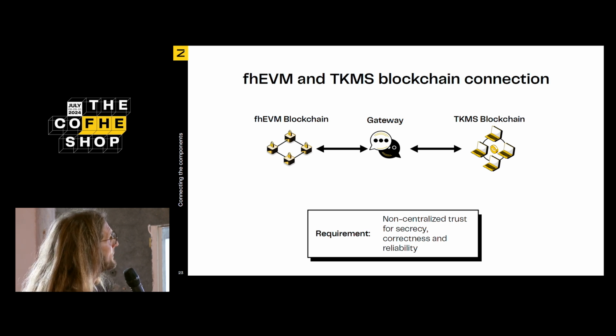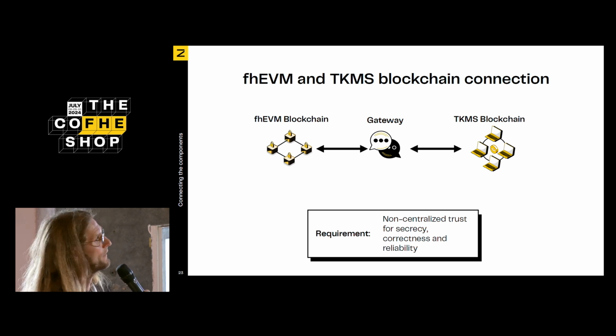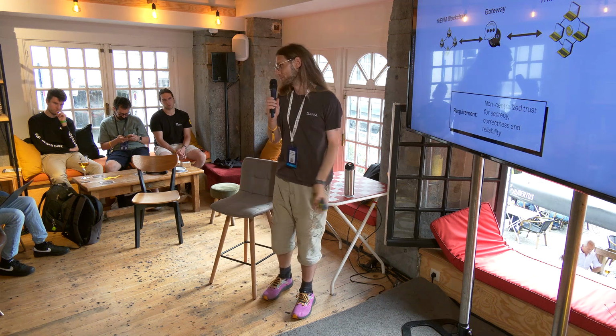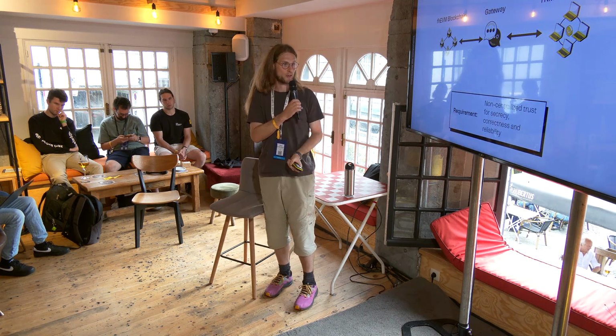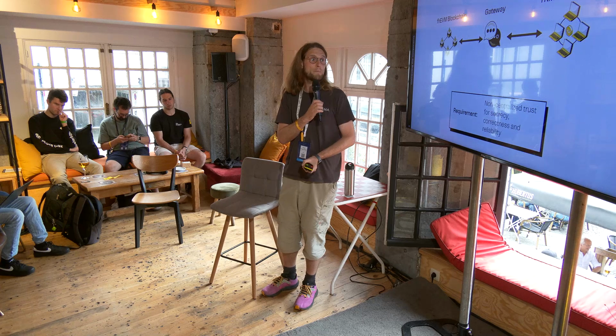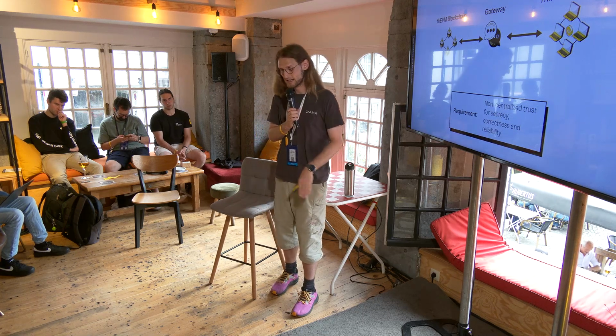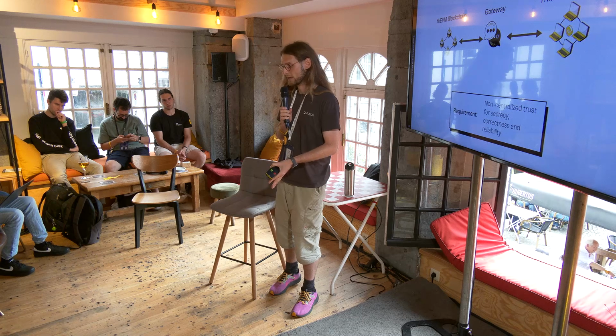So it basically means that now we have reduced the issue to cross-chain communication. We need to communicate from an EVM blockchain to the KMS blockchain. For this, we need an extra component, which we here call the gateway. The gateway will be non-centralized, and it is basically untrusted, right?